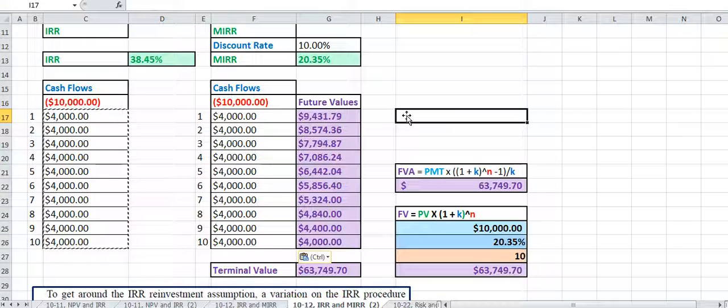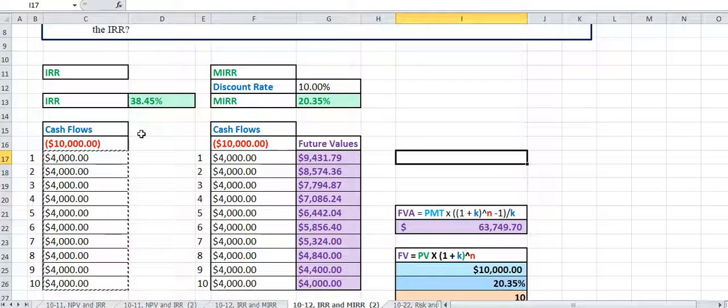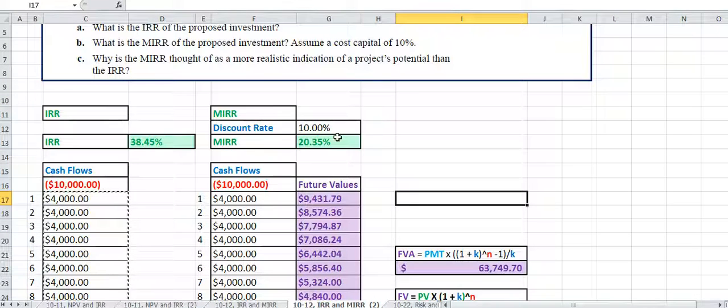Now this is pretty straightforward right here. This is your internal rate of return, which is 38.45%, which seems pretty high when you consider the discount rate is 10%.